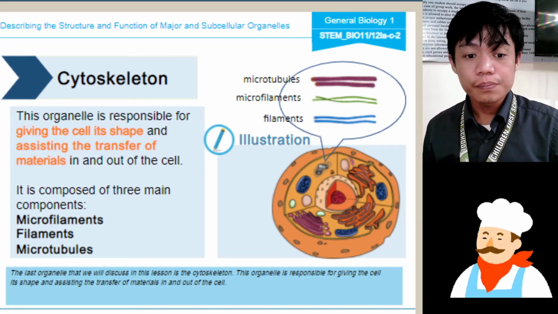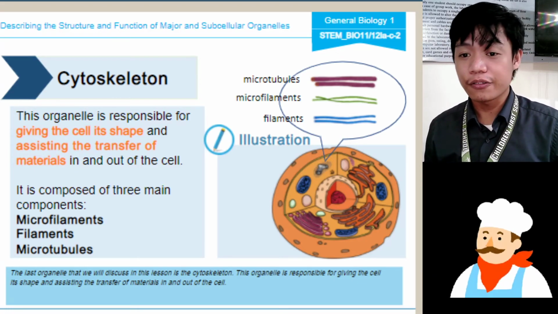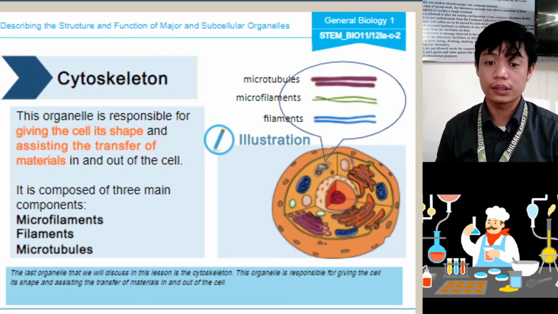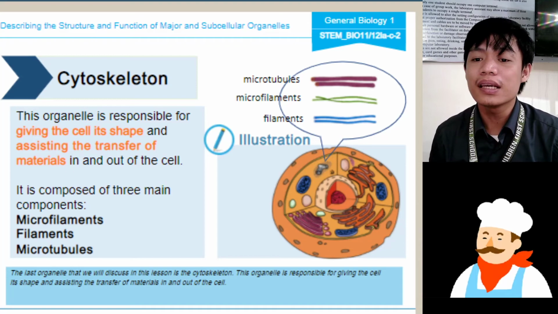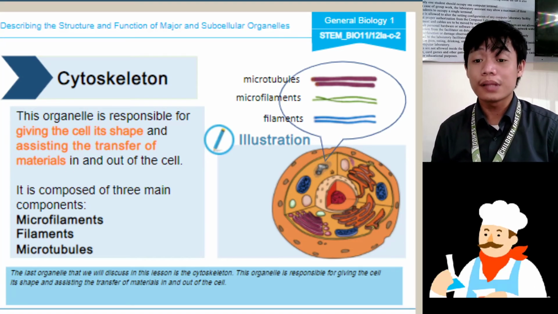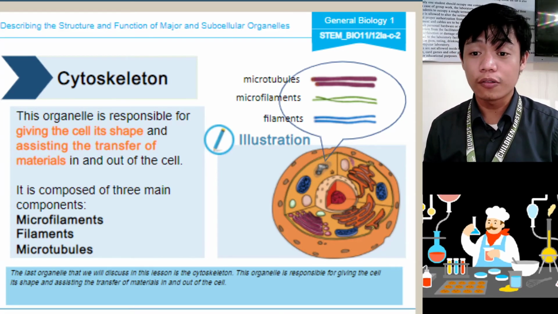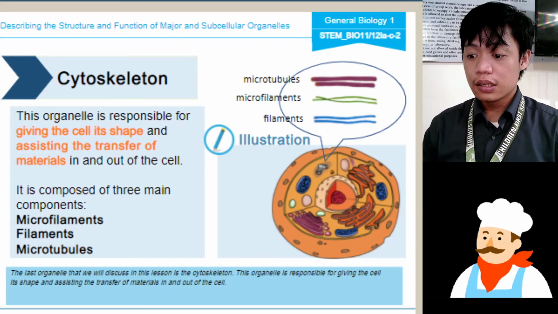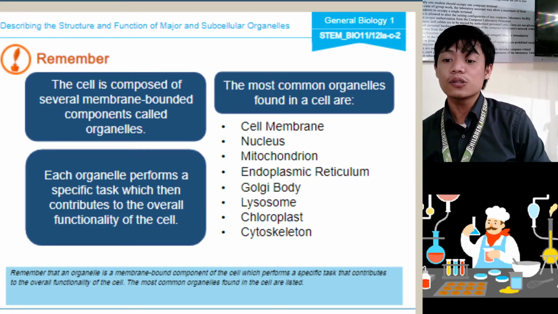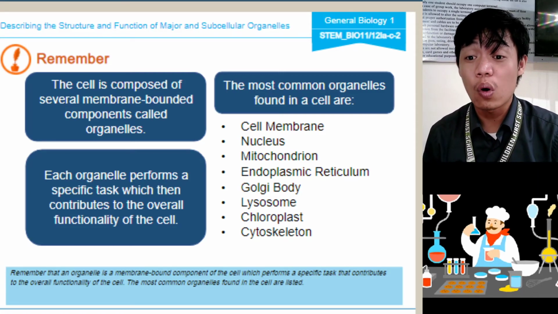The cytoskeleton is composed of three components: the microfilaments, the intermediate filaments, and the microtubules. They are distributed throughout the cytoplasm and serve as the framework of the cell. So remember, the cell is composed of several membrane-bound components called organelles.